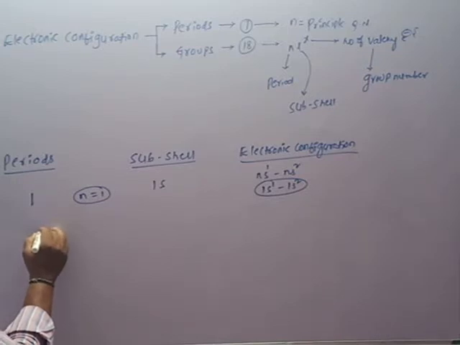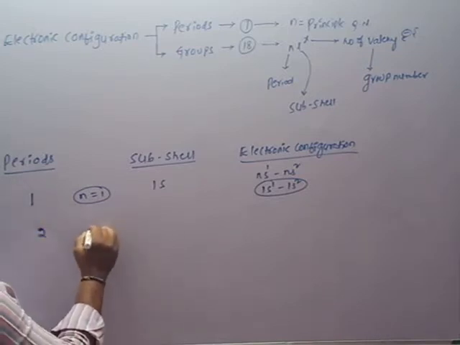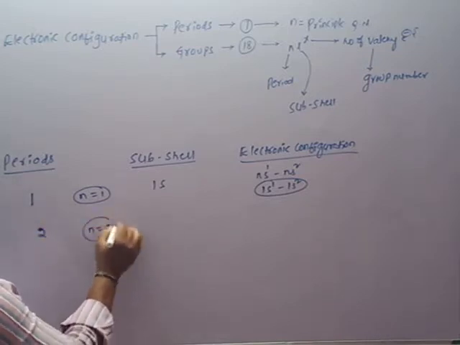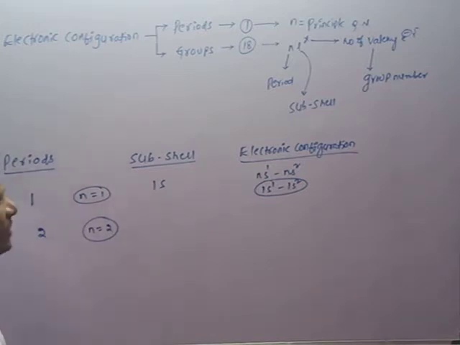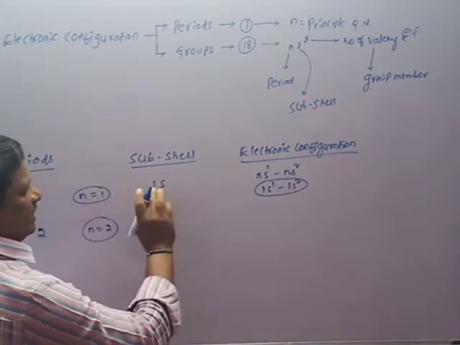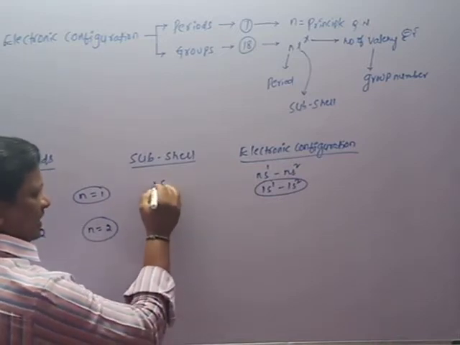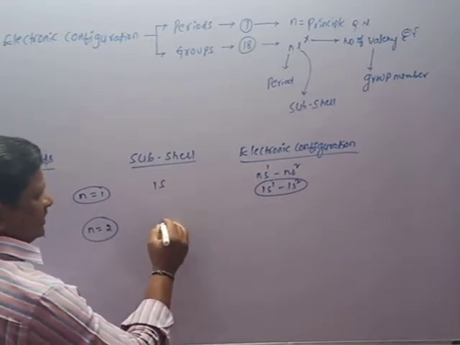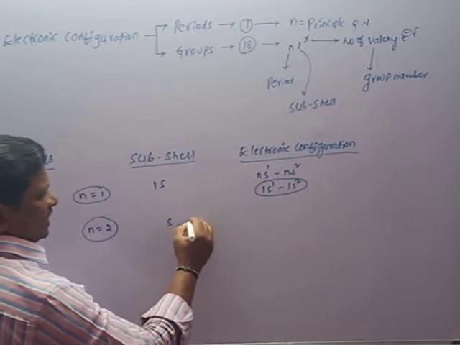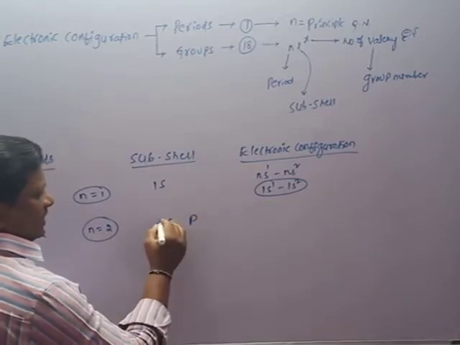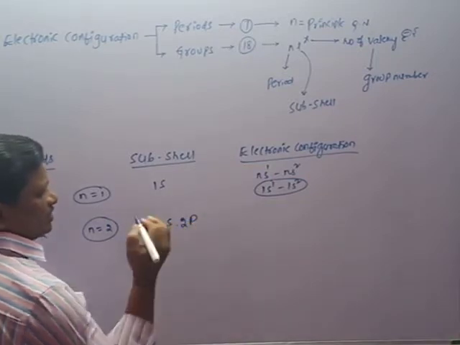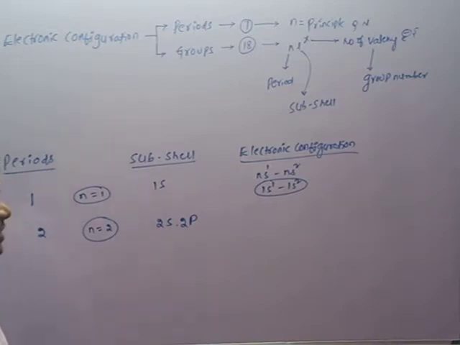Now the second period, wherein n equals 2. It consists of the s subshell and the p subshell, that is 2s and 2p.